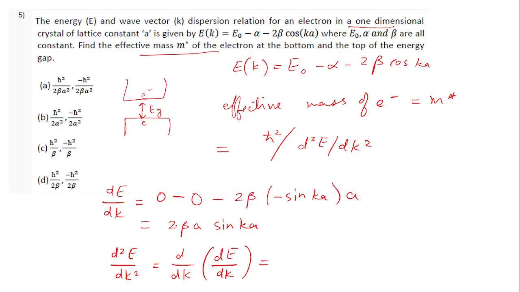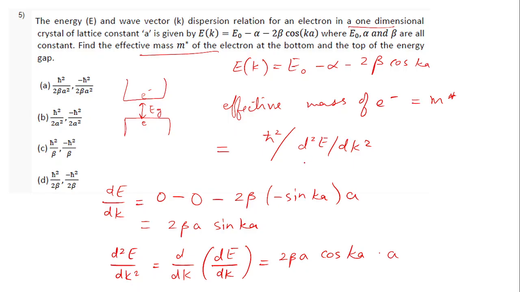When we take the derivative again, 2 beta a are all constants, so just keep them apart. Then the derivative of sine Ka is cos Ka. Remember, the derivative of cos is minus sine and the derivative of sine is plus cos, and the derivative of Ka will be a. So this value we found.